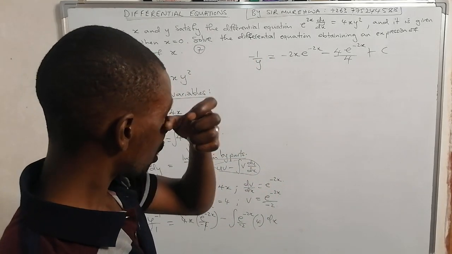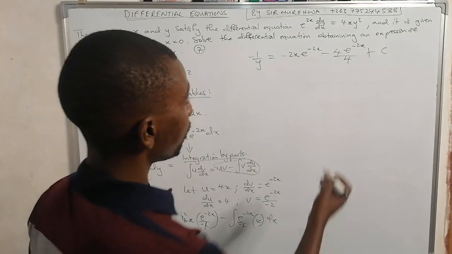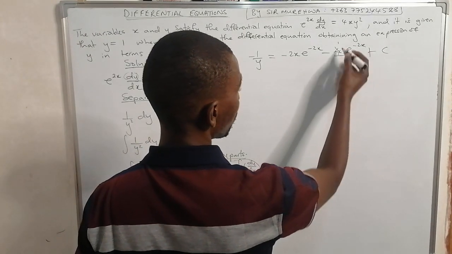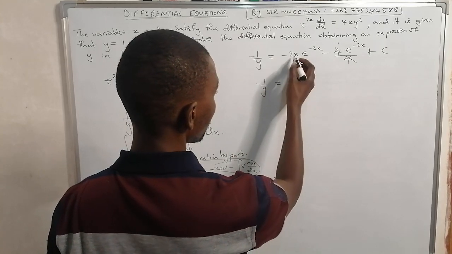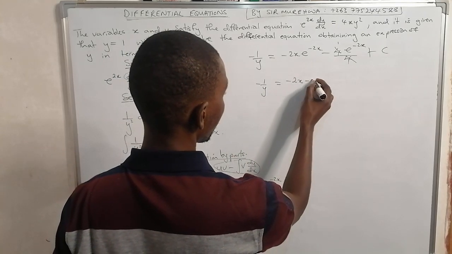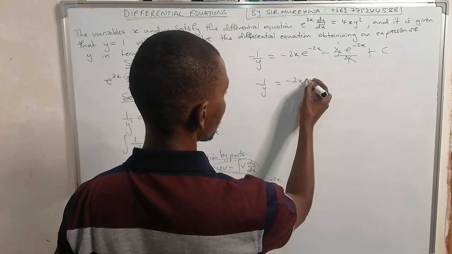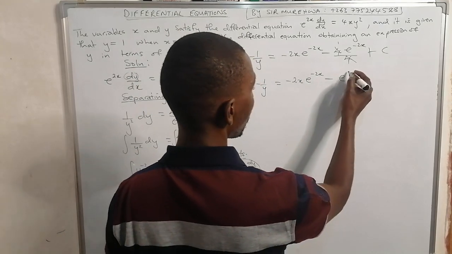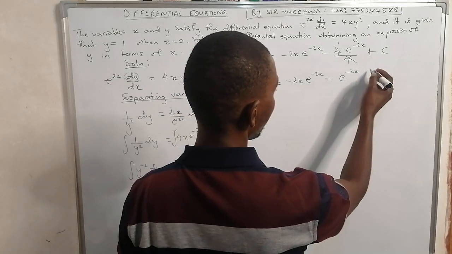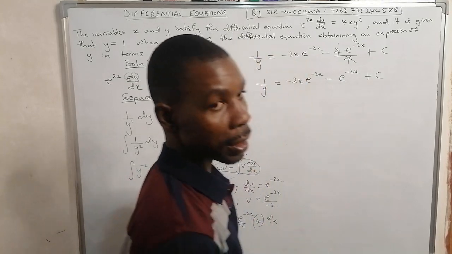Now 4 into 4, that's 1. Therefore negative 1 over y is equal to negative 2x e to the power minus 2x minus e to the power minus 2x plus a constant of integration.